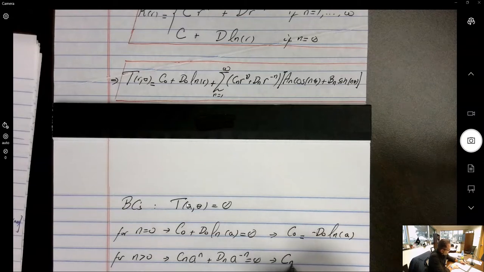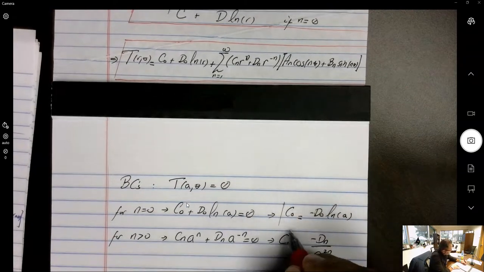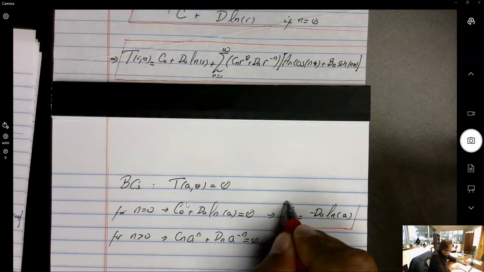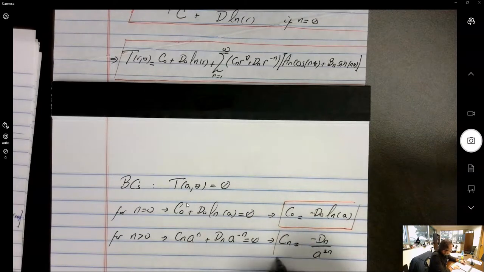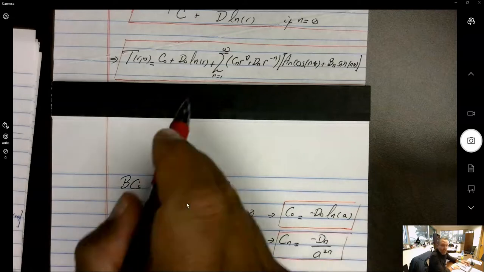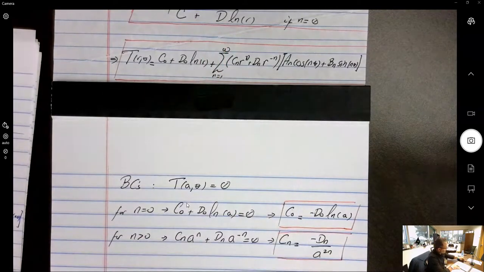And therefore we have Cn should be equal to minus Dn divided by A to the 2n. By the way, we could have done this also directly here in the r solution, before we assemble the solution, but this works just as well.